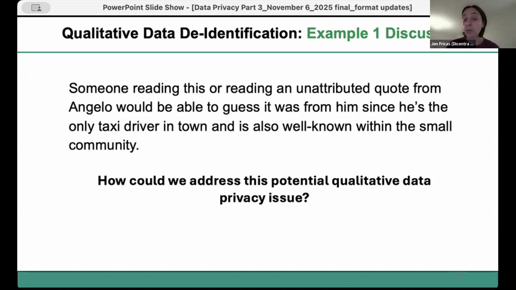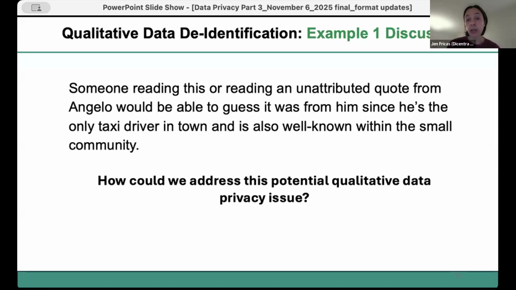Or you can remove potentially identifying information altogether, so long as it doesn't significantly interfere with the meaning of the data. So be very careful about what pieces of the quotations you choose to report in a way that is public.